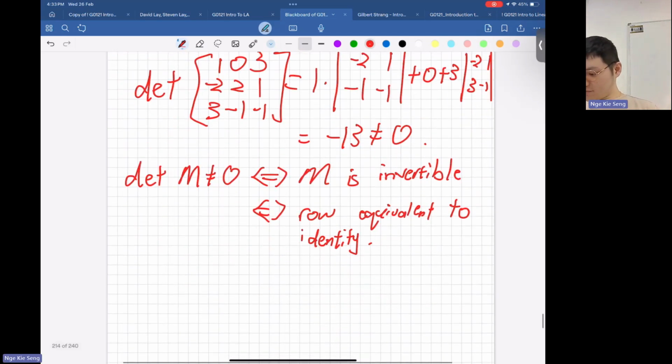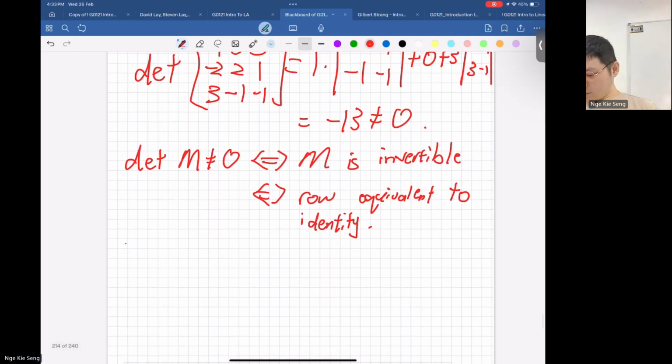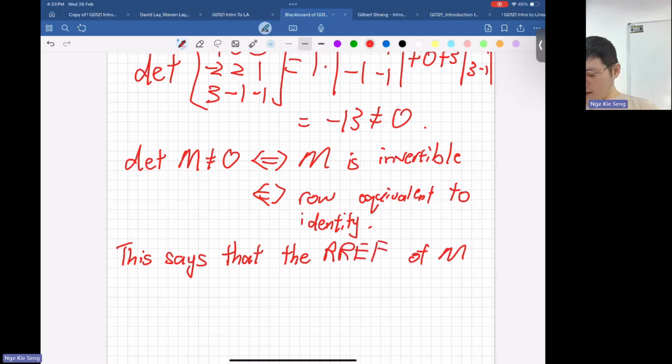So this says that the RREF of M has a pivot in every row and column.